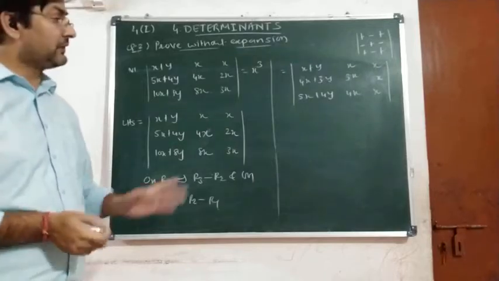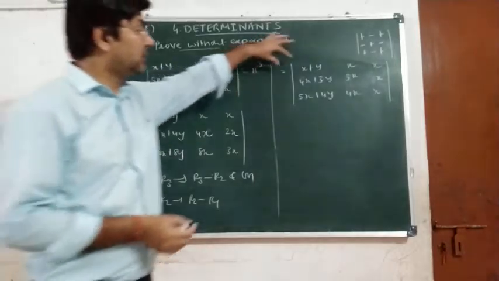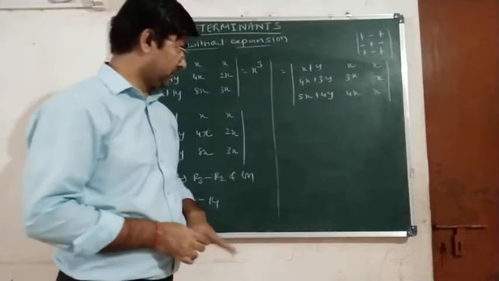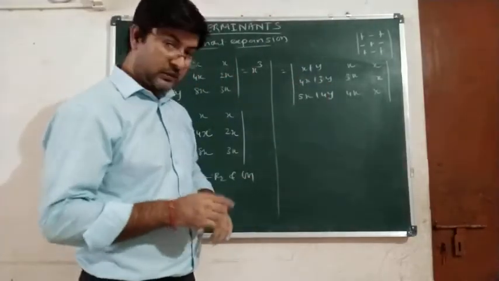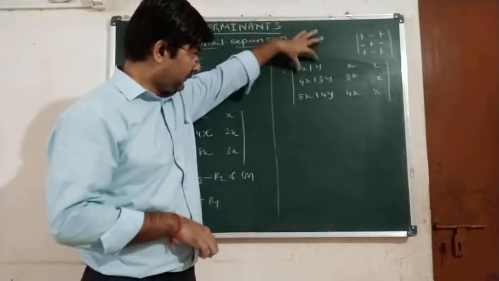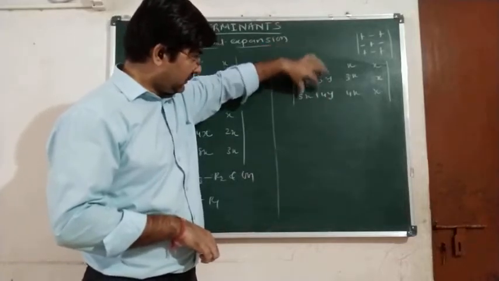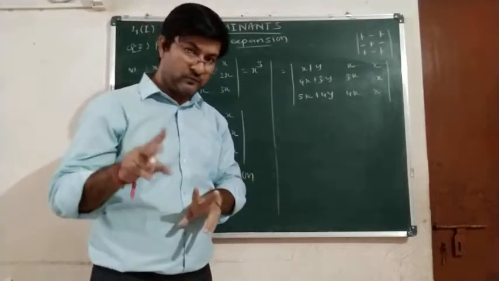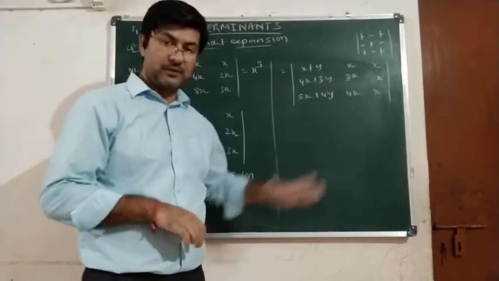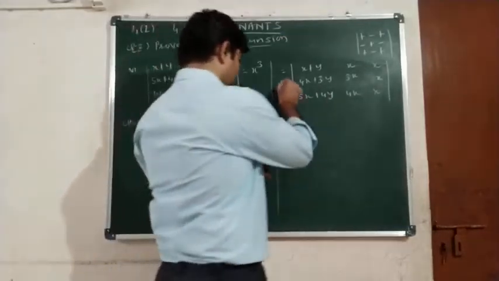We can do one thing, we can split this into two determinants. Recall the property that we have studied earlier: each entry in the first column is expressed as a sum of two elements, and therefore this determinant can be expressed as a sum of two determinants.